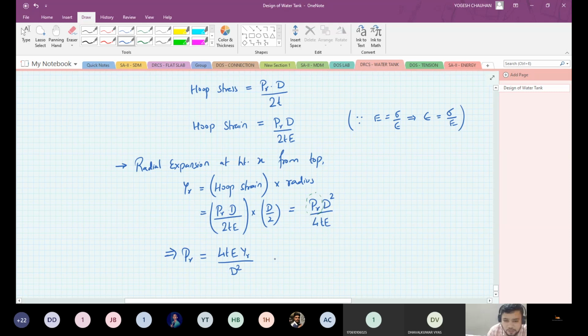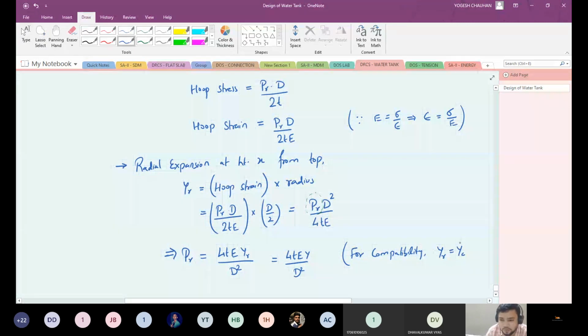So for compatibility, YR is equal to YC, and let this value be some y.